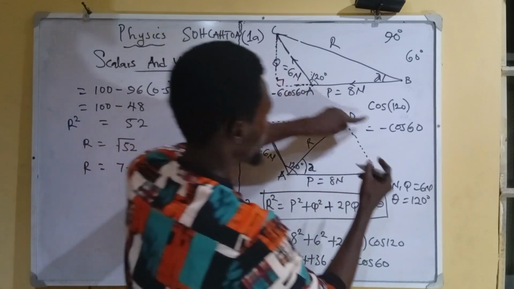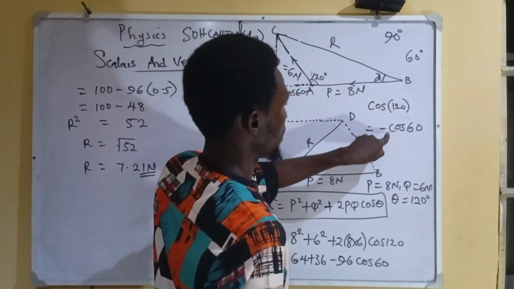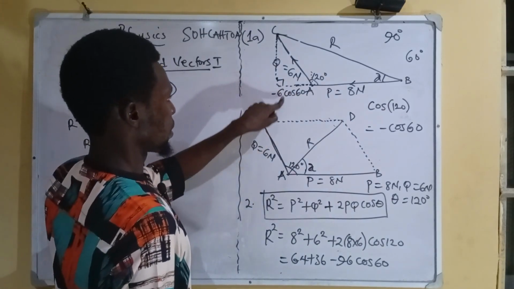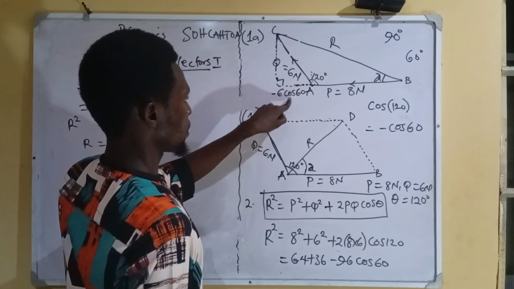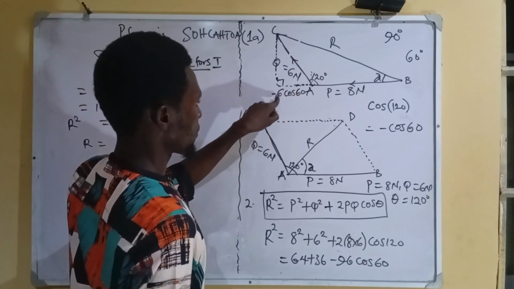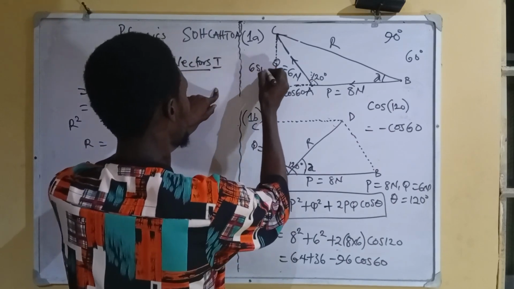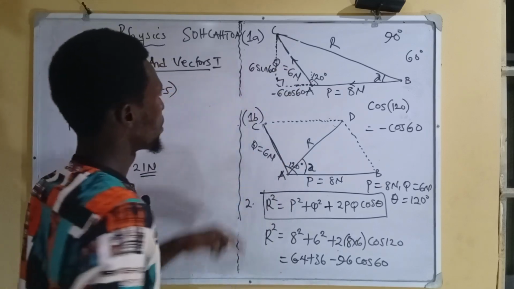Because cos 120 is minus cos 60. So this place will be minus 6 cos 60, and here would be 6 sine 60, right?